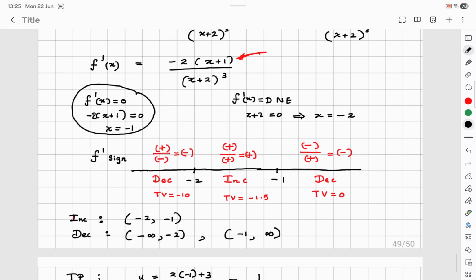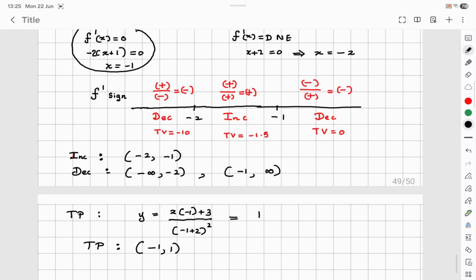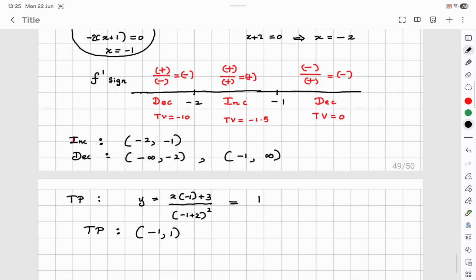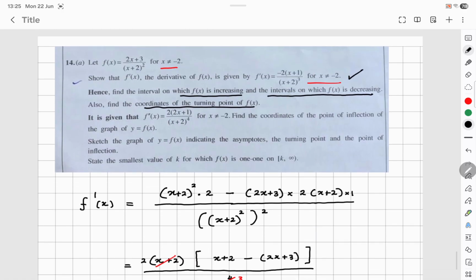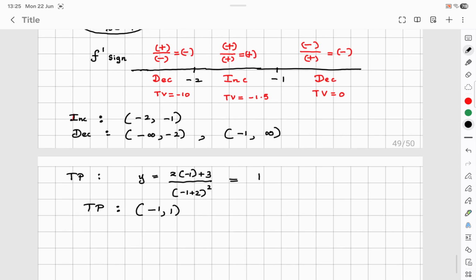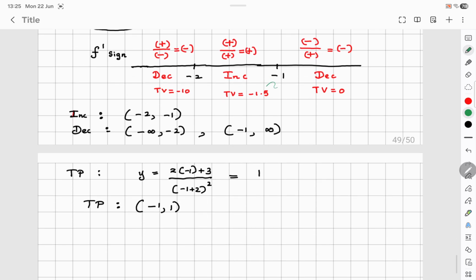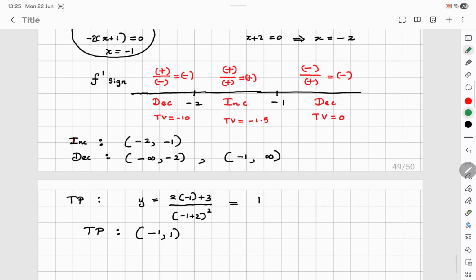Right. So let's figure out whether the turning point is a maximum or minimum also, because when we want to draw it, it's better to know that. We can use our f dash sign graph to do this. Increasing before minus 1, that is this shape, no?